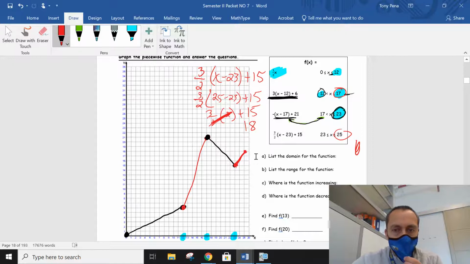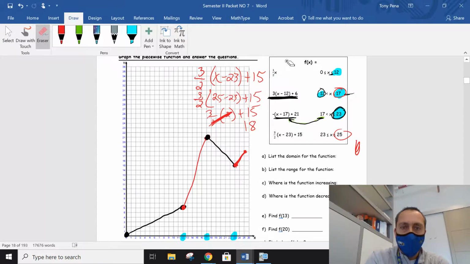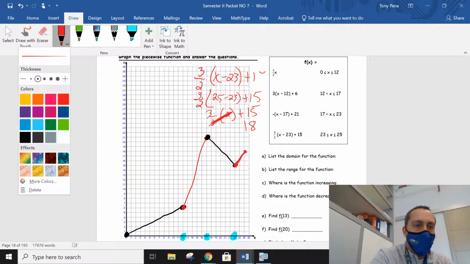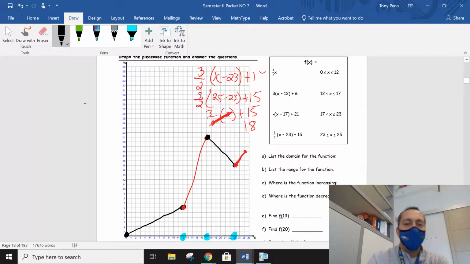Domain we better be able to do. There's a couple different routes you could take. You now have the graph to look at, or you can look at your function. So write your domain. All right.